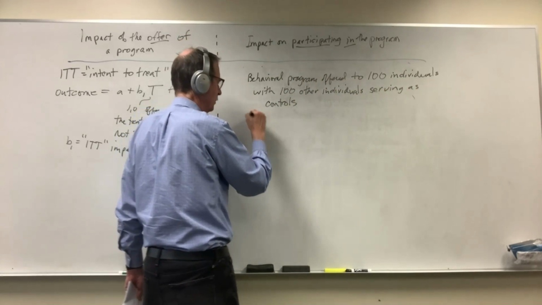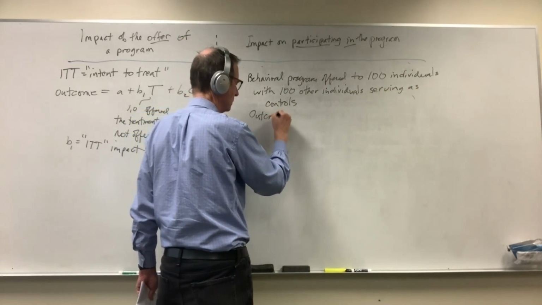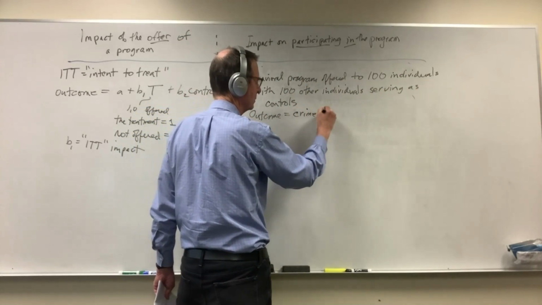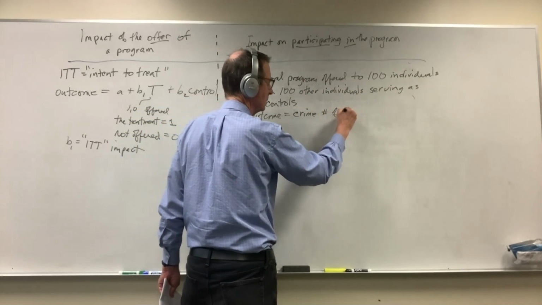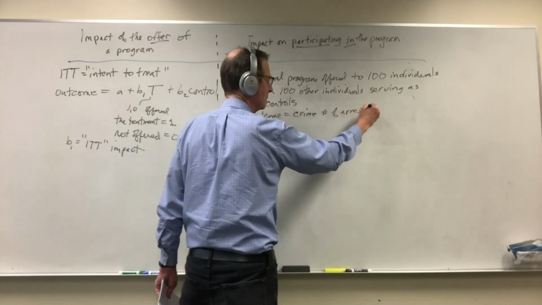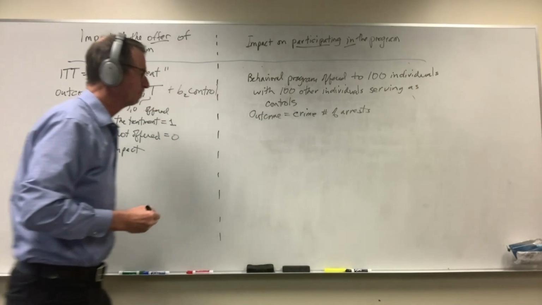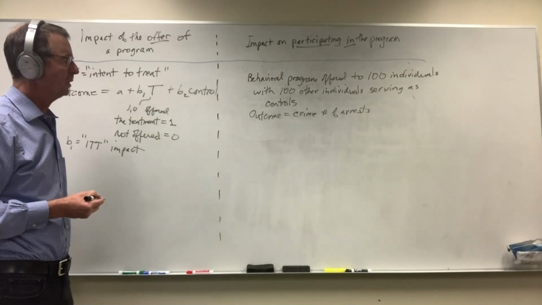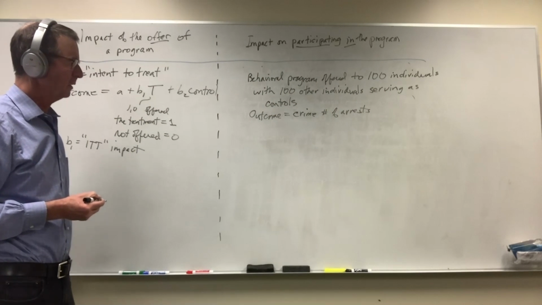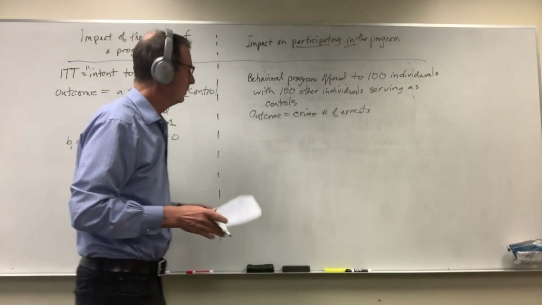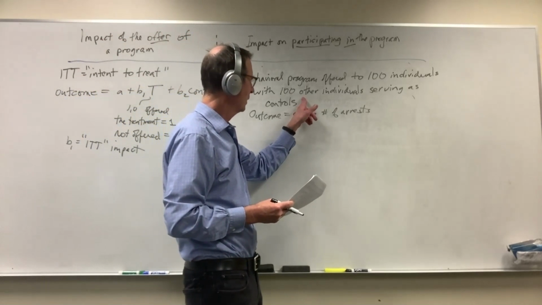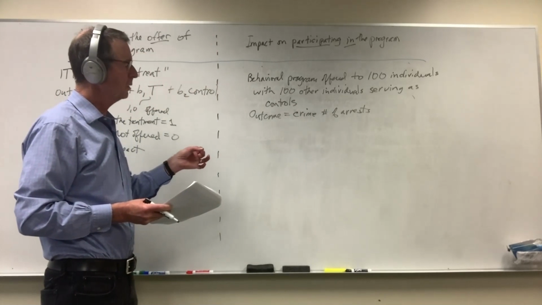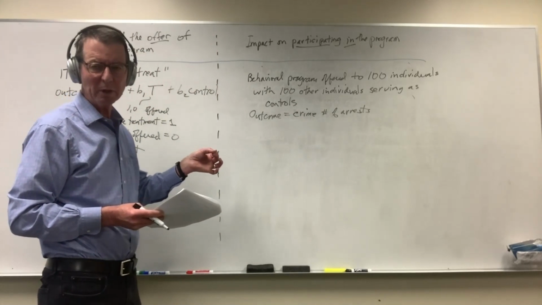And the outcome of interest is crime, let's say number of arrests. It's some sort of, I don't know, cognitive behavioral therapy program for teenagers. It's rolled out and offered to 100 of them. 100 are serving as controls. And not all the 100 are actually taking up the program.